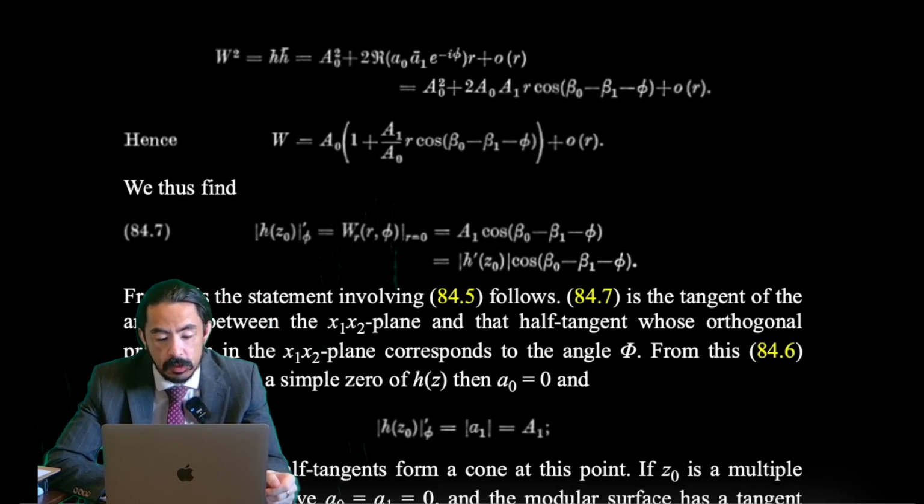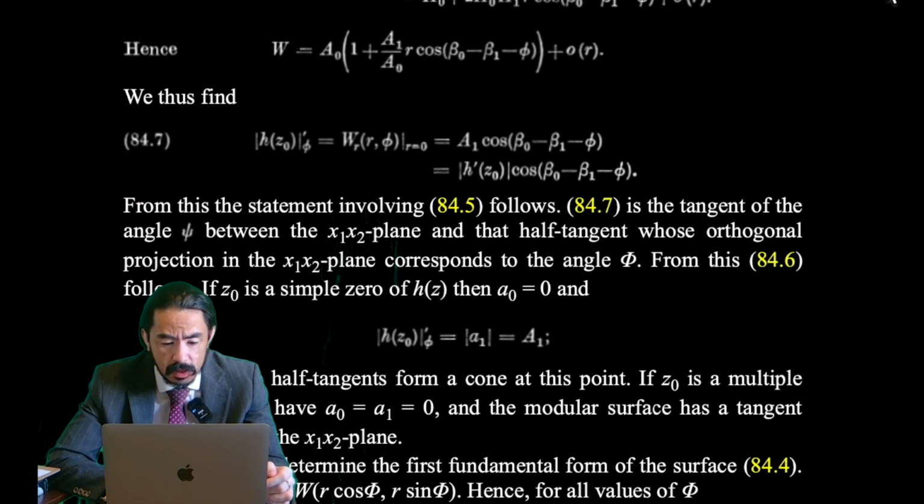Hence, capital W is equal to capital A0 times a quantity 1 plus capital A1 over capital A0 times r times the cosine of beta naught minus beta 1 minus phi, plus O of r.